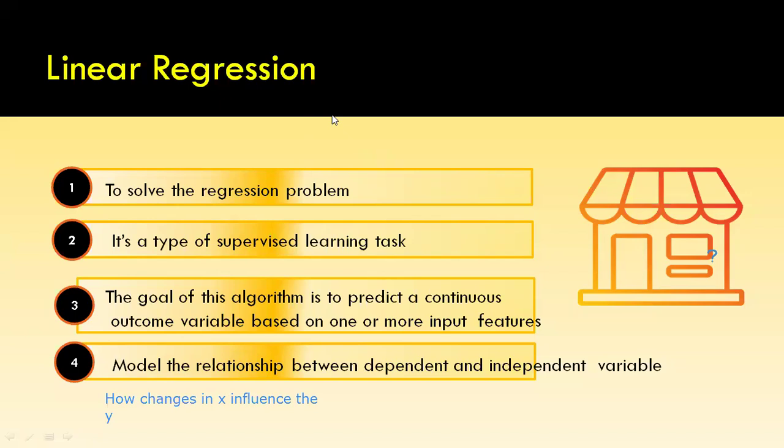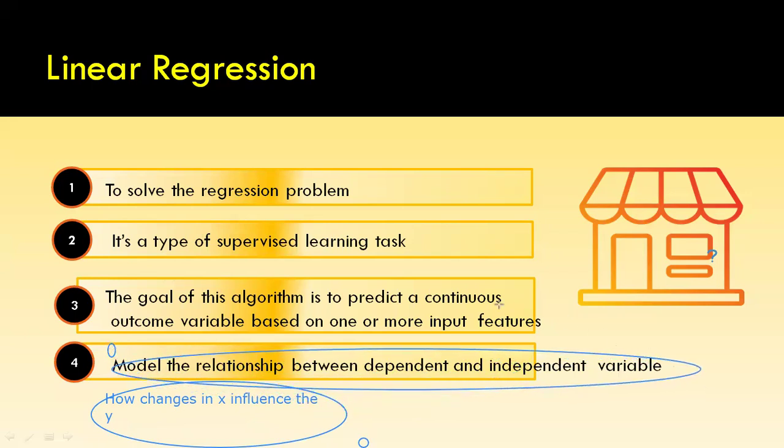Got it? That is the whole idea of using linear regression. So now you need to first understand the big picture very clearly: how changes in X influence the Y. For that reason, we are modeling the relationship between the independent and dependent variable.